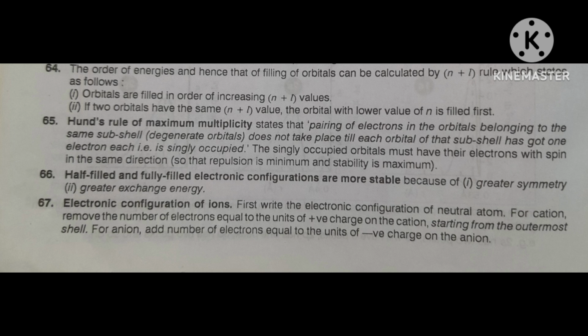Now another important point, the order of energies, and hence that of filling of orbitals. These are actually the orbitals I discussed, s, p, d, f. The order of energies and hence the filling of orbitals can be calculated by the n plus l rule. n means principal quantum number, l means azimuthal quantum number.